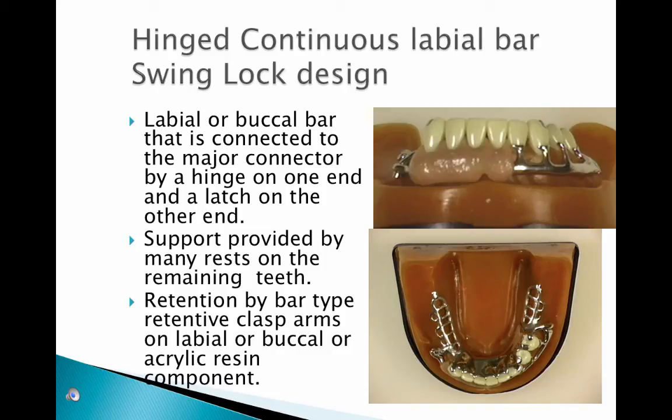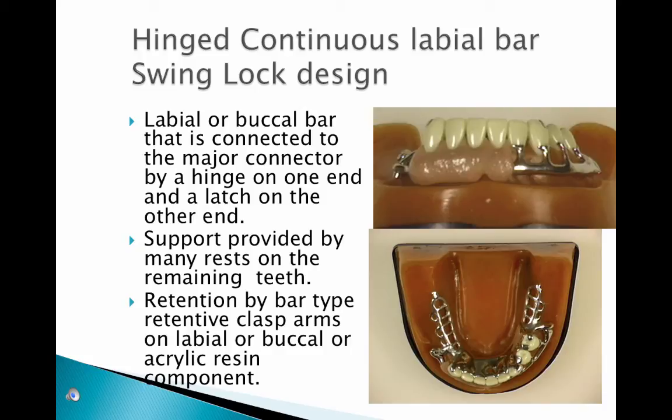Another type of partial denture that is sometimes used and is also tested on the boards is the swing lock design partial denture. It consists of a labial or a buccal bar that's connected to the major connector at one end by a hinge, and at the other end it has a latch that locks into place. The support of the partial denture is provided by many rests on the remaining natural teeth or crowns.